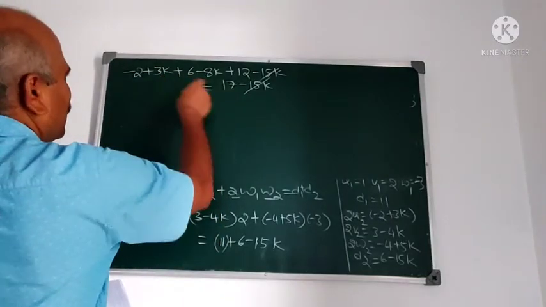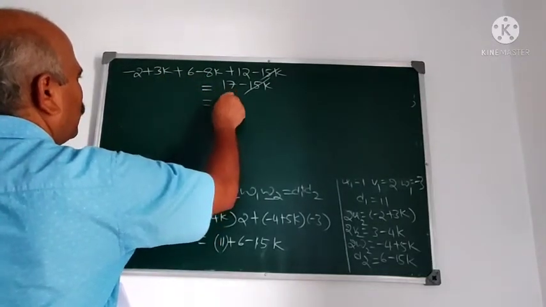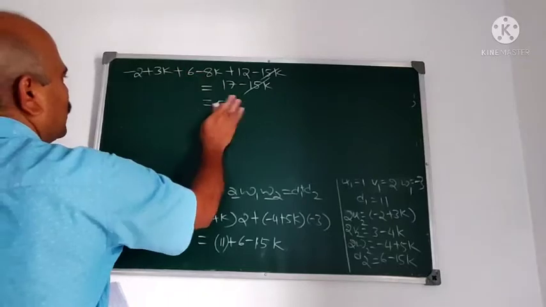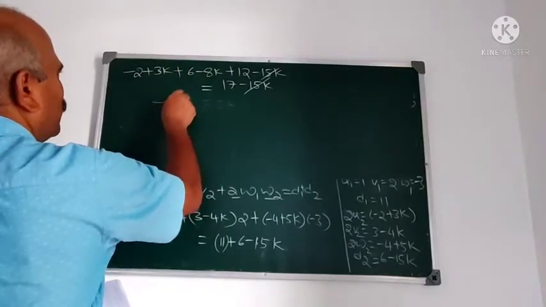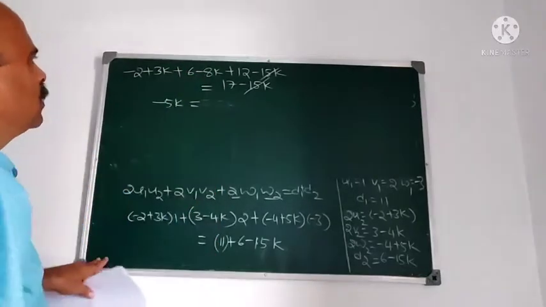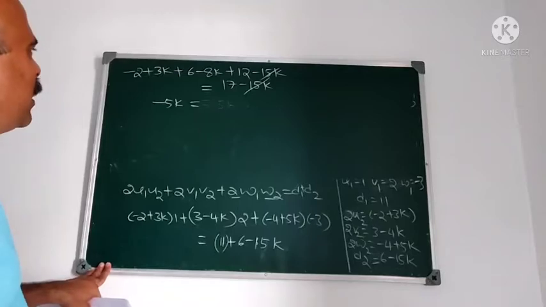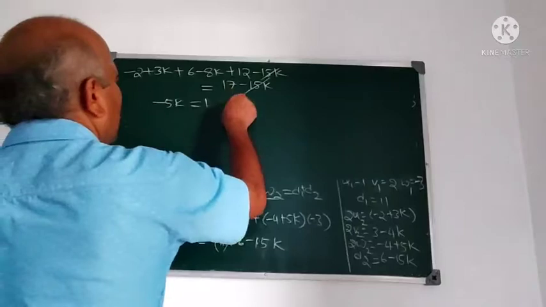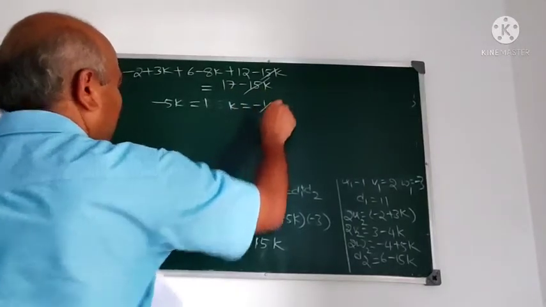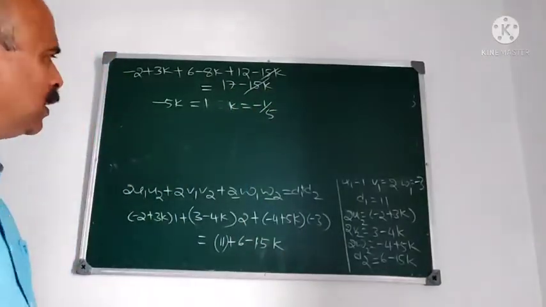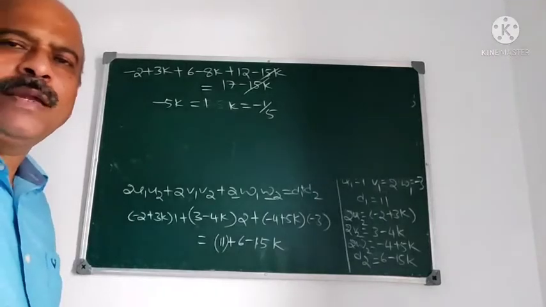Minus 8 plus 3k, say I write 5k, minus 8 minus 5k is equal to 18 minus 2, 16. So k is equal to minus 1 by 5. Am I correct? k is minus 1 by 5.